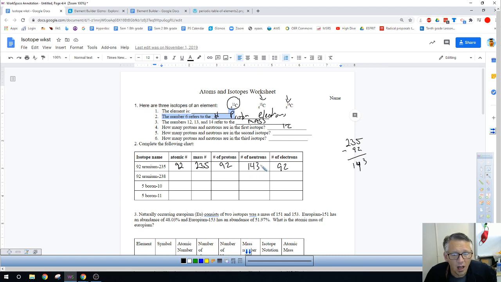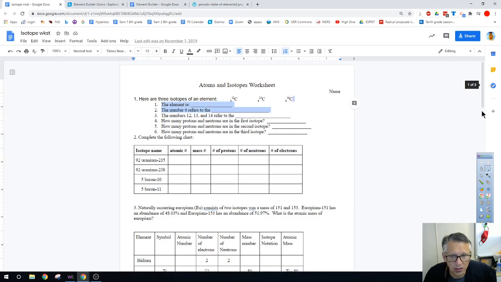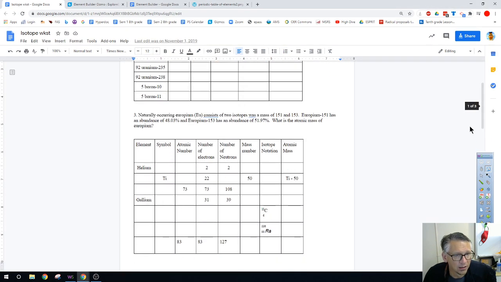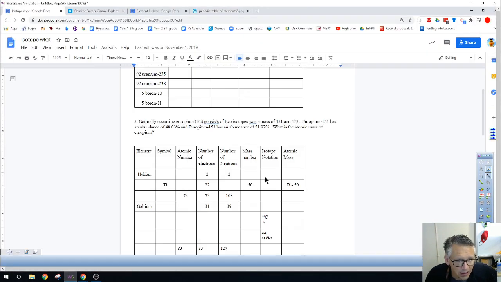As you go through this worksheet, you are just going to be, for the most part, trying to find it. Here is your isotope notation. That is where we are going to have our He, and our atomic number there.